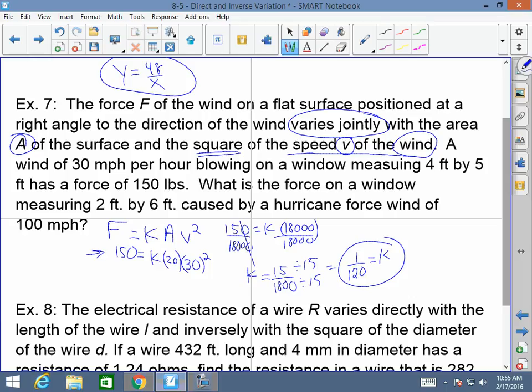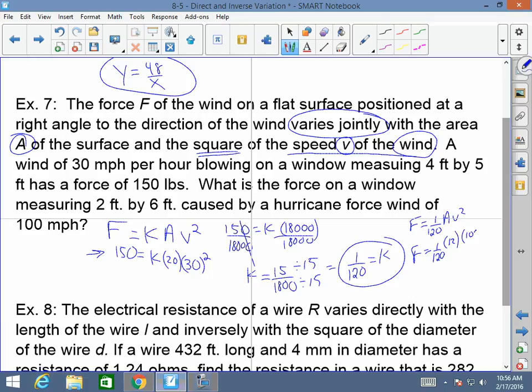But now, what do I do with that K? Force equals K, which is 1 over 120, times A times velocity squared. Now, what is the force on a window measuring 2 by 6, so my area is 12, caused by a hurricane force wind of 100 miles per hour?